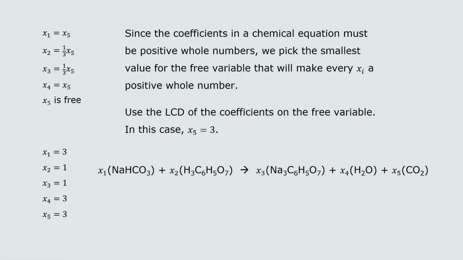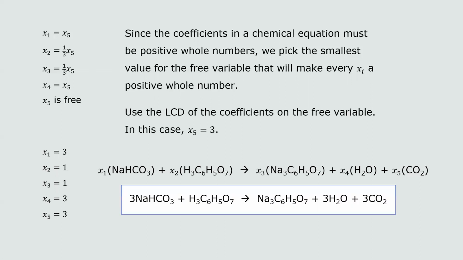Okay, so if I put in the appropriate coefficients, I'm going to get 3 NaHCO3 plus 1 H3C6H5O7 reacts and gives 1 Na3C6H5O7 plus 3 water plus 3 carbon dioxide. And that's going to be your balanced chemical reaction.